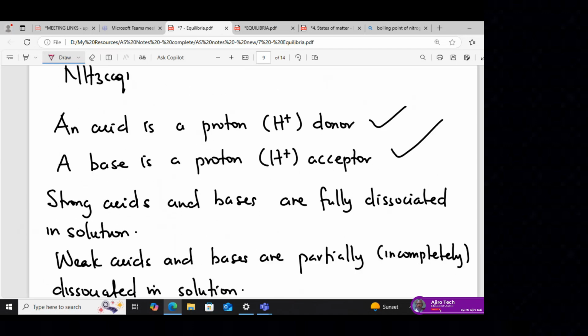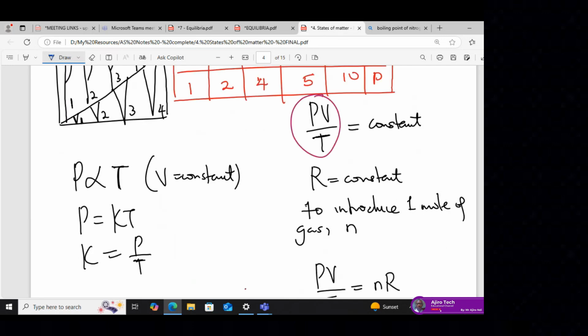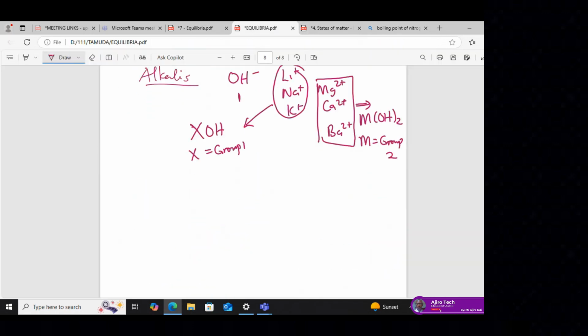Sir, how do we define an acid? According to Brønsted-Lowry, why do we call ammonia an alkali? An alkali must contain OH that is soluble in water. Alkali is a soluble hydroxide, which is basic.